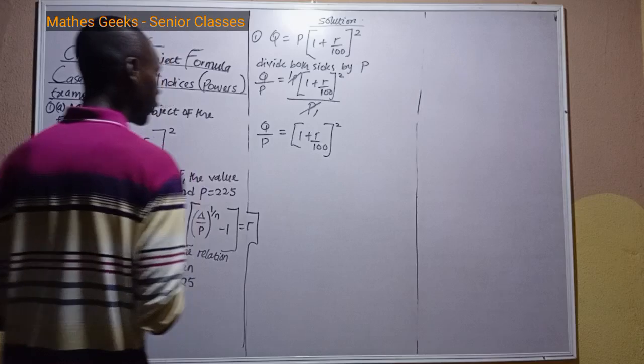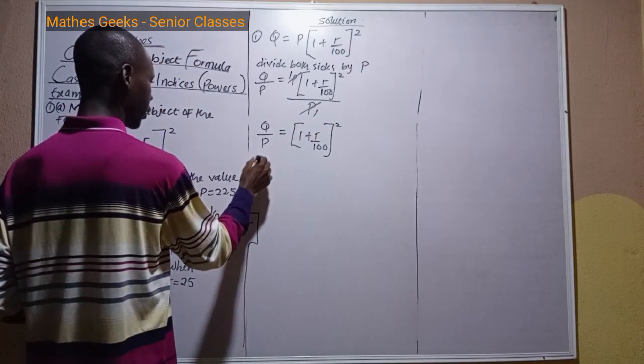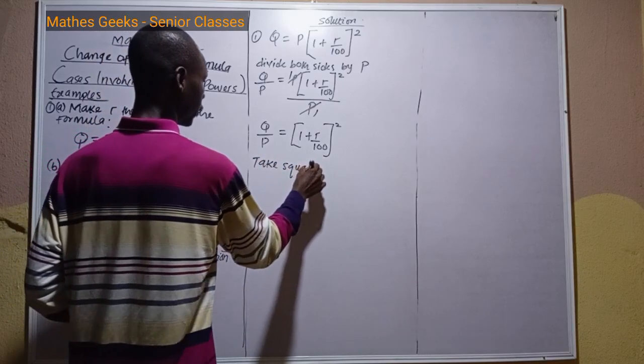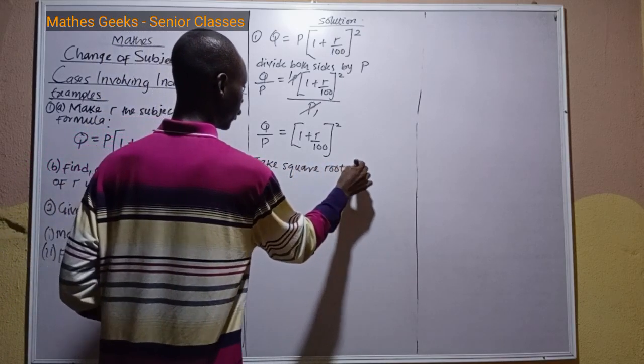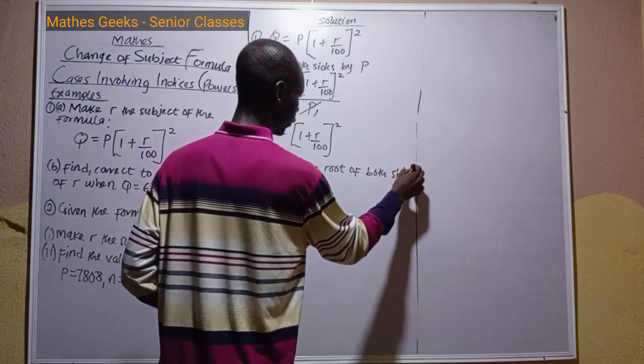The next thing we're going to eliminate is the power. To eliminate the power, we're going to take the square root of both sides.